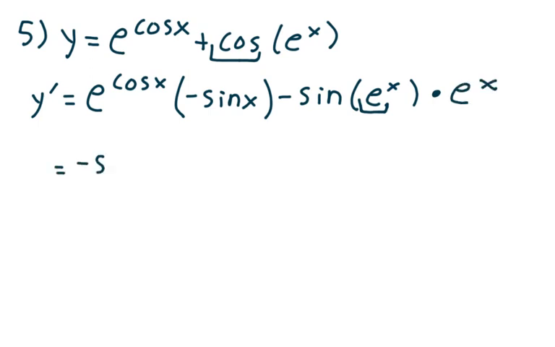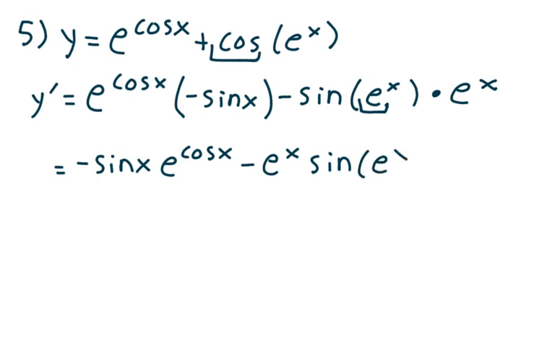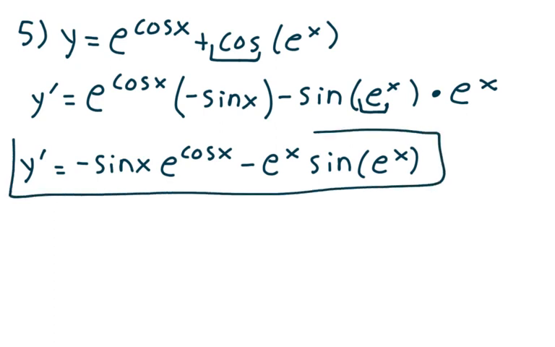So this is minus sine x e to the cosine x, minus e to the x sine of e to the x. And again, this is y prime. And that's example 5.